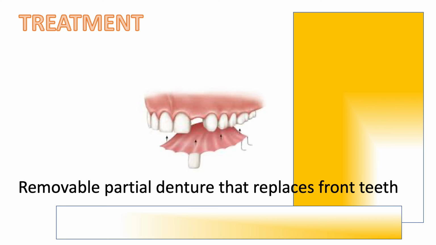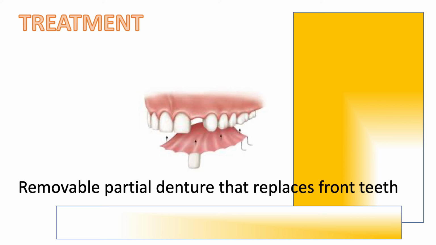It can be taken out at night. It can be taken out for cleaning. It should in fact be taken out for cleaning. So this replaces the missing front tooth, or whichever region the tooth is missing. You can put an artificial tooth in the removable plate and you can use it.